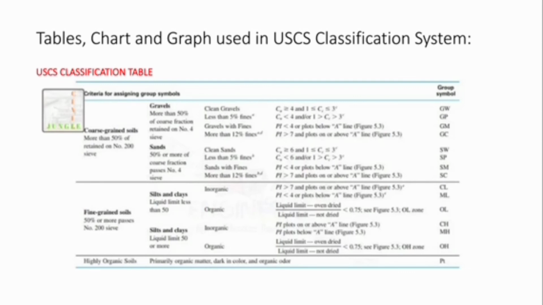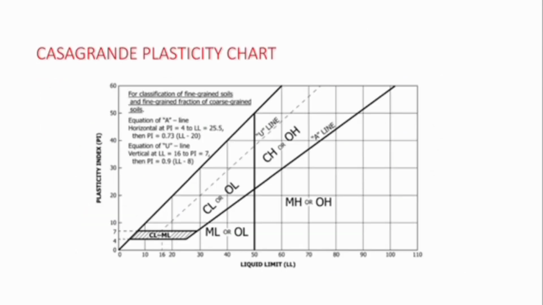This is the table we will use in identifying the kind of soil, whether it is GW, GP, GM, or GC, and so on and so forth. It is the Casagrande plasticity chart. We will also use this in making a chart or table on our given. I will discuss it in our problem solution.